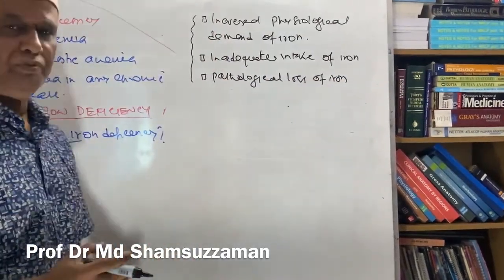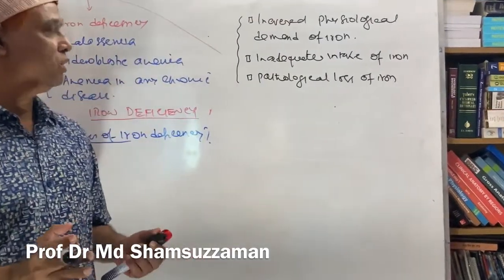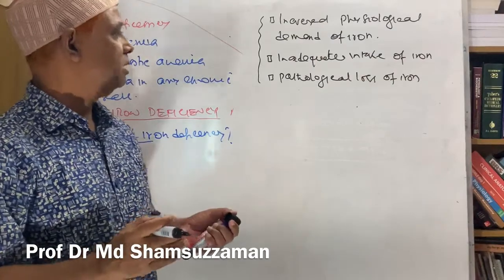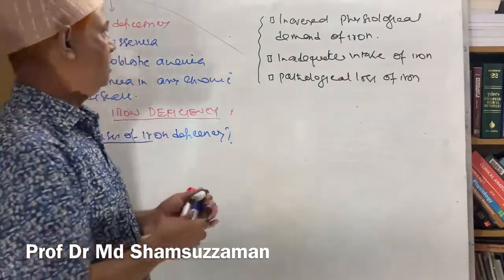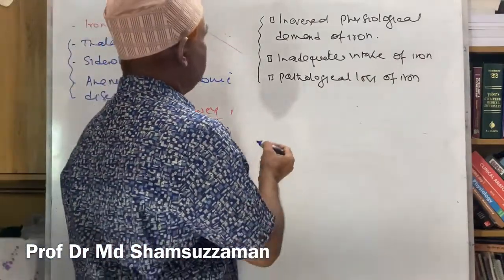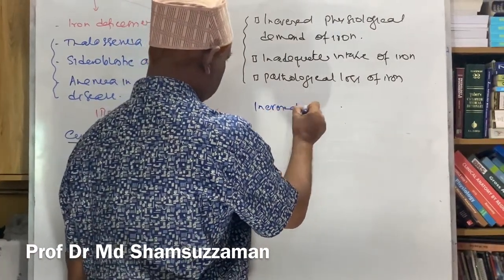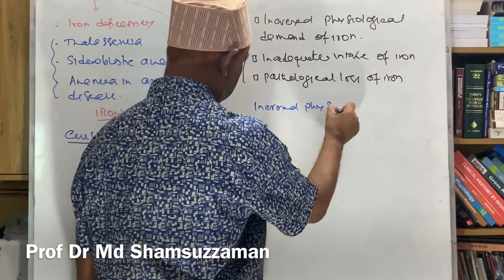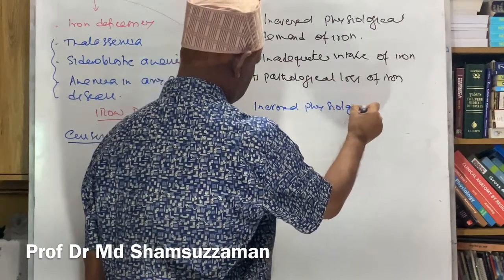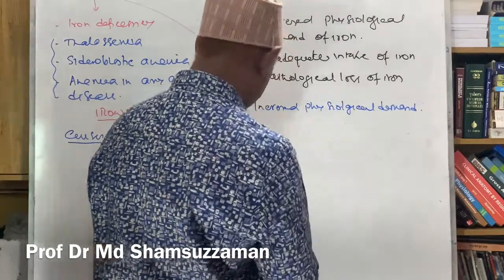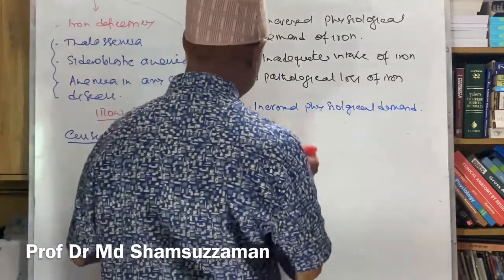Number one, increased physiological demand of iron. Number two, inadequate intake of iron. And number three, pathological loss of iron from body. First come to increased physiological demand.